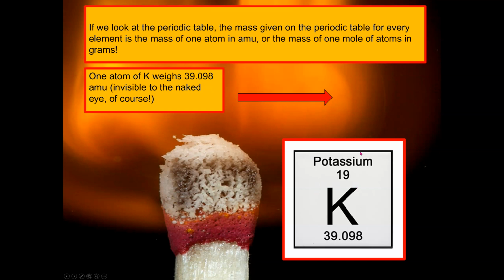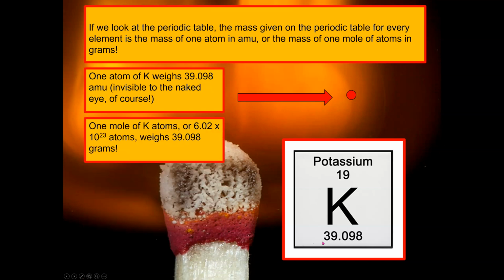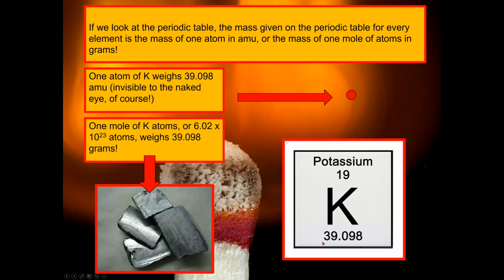So here, potassium 19, that is going to weigh 39.098 atomic mass units. That atom is invisible to the naked eye. If we take 1 mole of it, it's going to weigh 39.098 grams. We can see it.